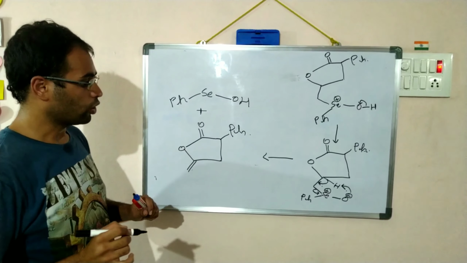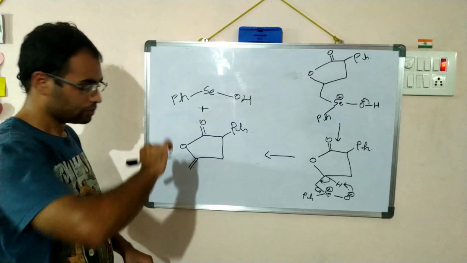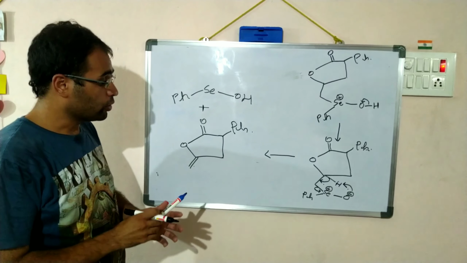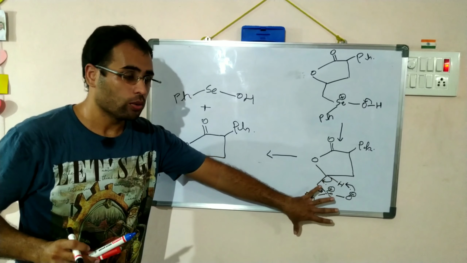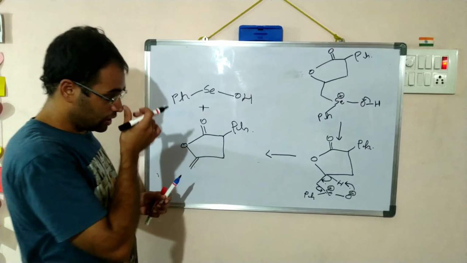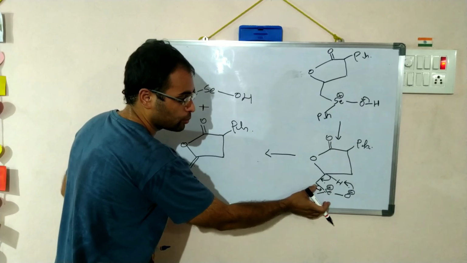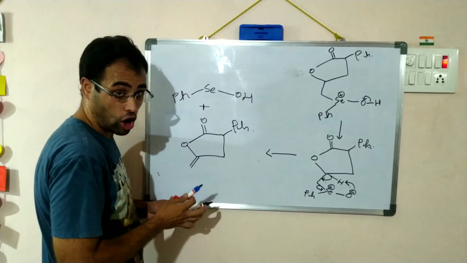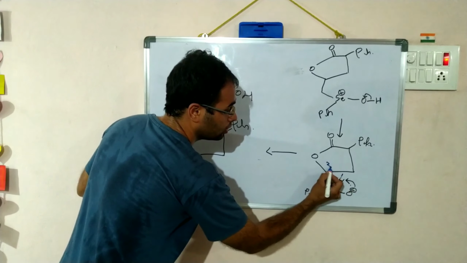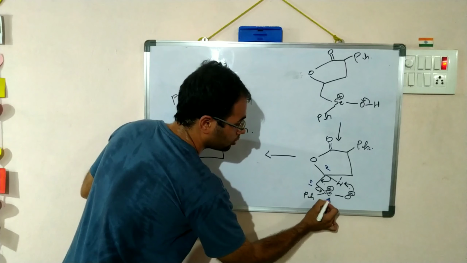So this is what we get. Now, a peculiar reactivity of this compound is that this hydrogen has to be cis to the selenium group for this reaction to occur, because it occurs through a 5-membered transition state.